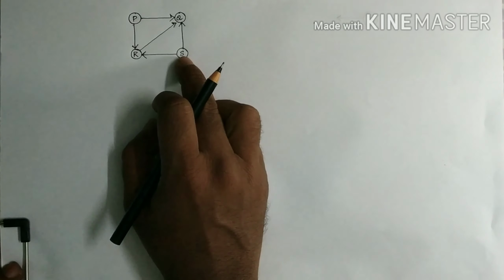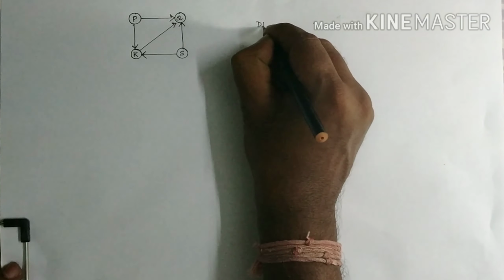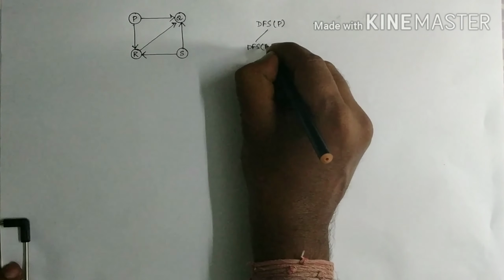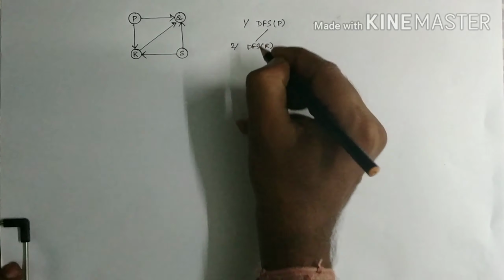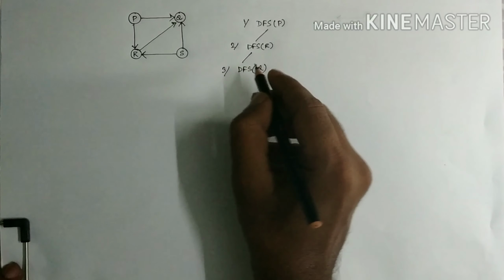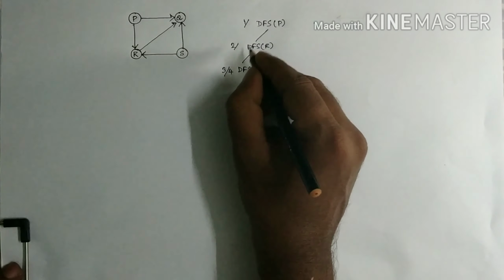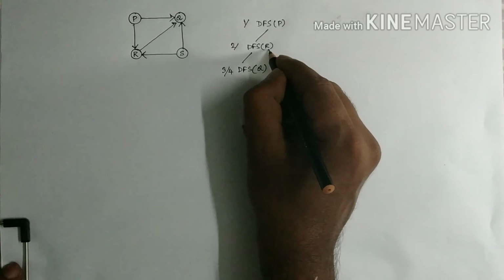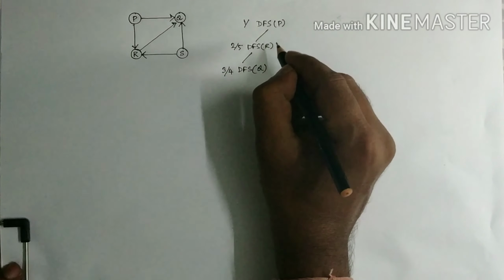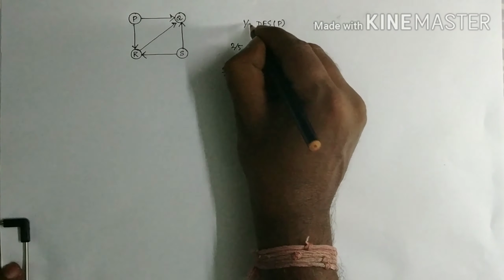So you can either start from P or S. Now starting from P, first call DFS P, then DFS R, then DFS Q. Now Q has no unvisited adjacents, so finish Q, backtrack from Q. R has no unvisited adjacent, so finish R, backtrack from R, go to P. P has no unvisited adjacent, so finish P.